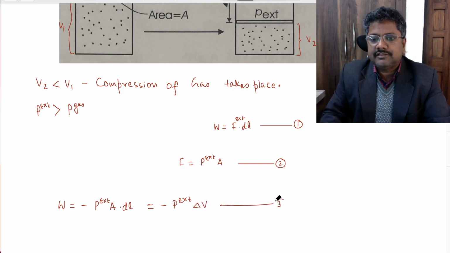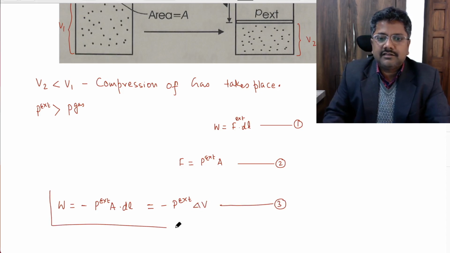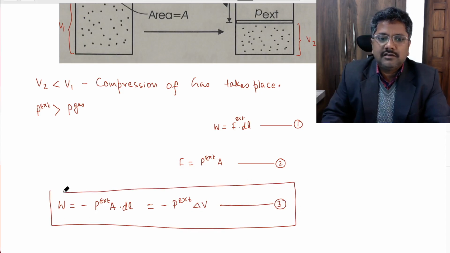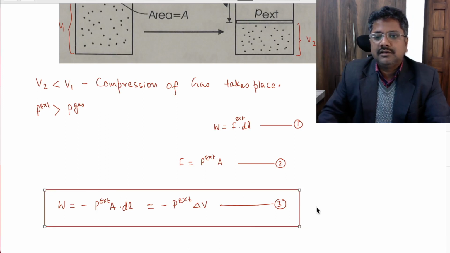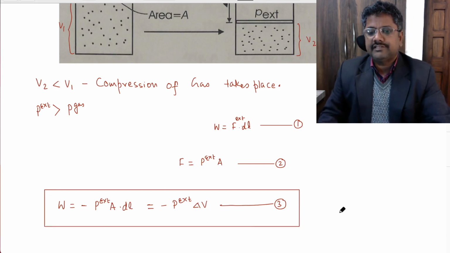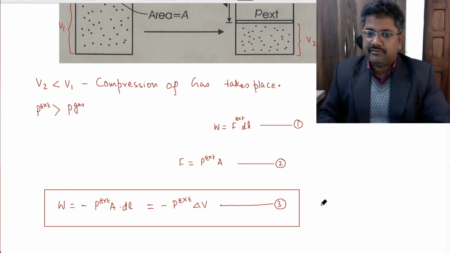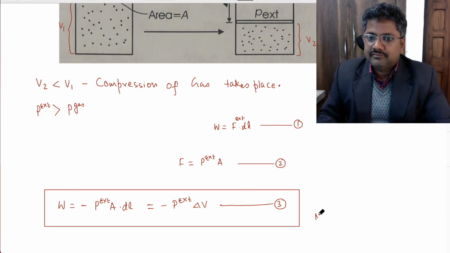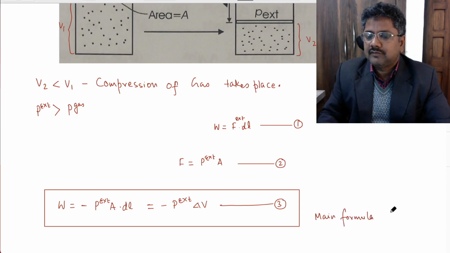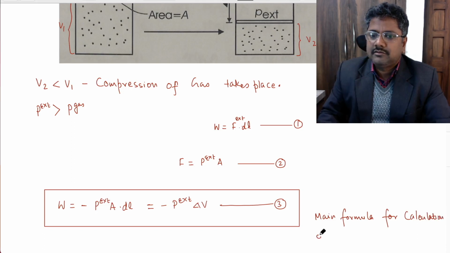So this is the equation 3, and this is the basic formula, or we can say master formula, main formula for calculation of PV work, right?